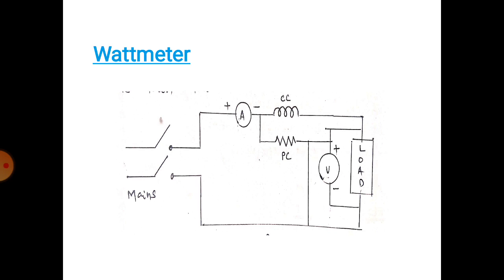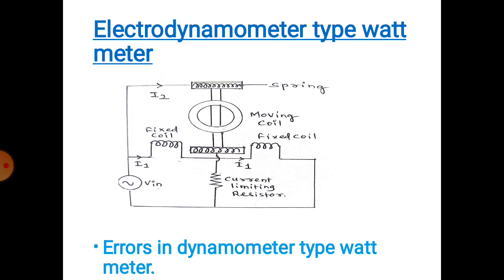The current coil is connected in series with ammeter and pressure coil is connected in parallel with voltmeter. So wattmeters are of three types. First one, electrodynamometer type, second induction type, and third one is electrostatic type.